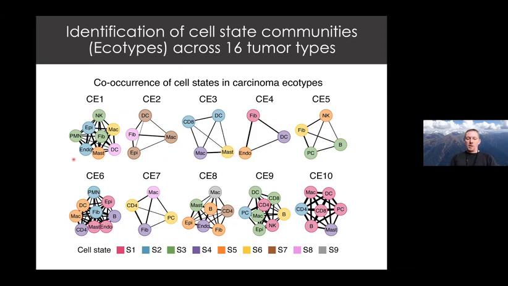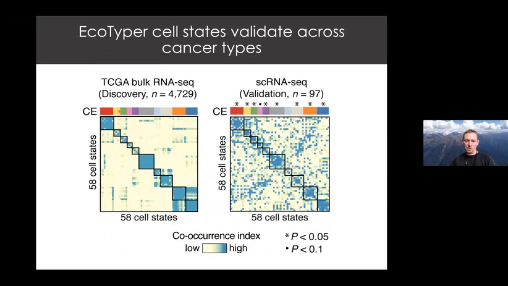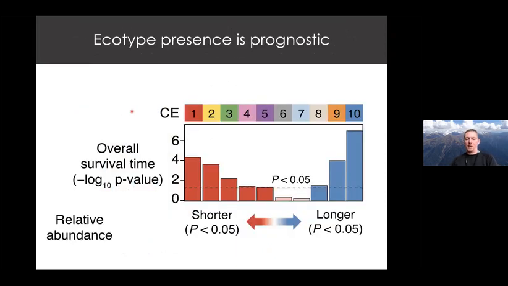So we can also look and see whether the ecotypes themselves are correlated with prognostic outcomes, which, as you would expect, if there's a bunch of cell states in any of these particular ecotypes which are individually associated with outcome, the ecotype is likely to be associated with outcome. Let me skip across this, and that's true.